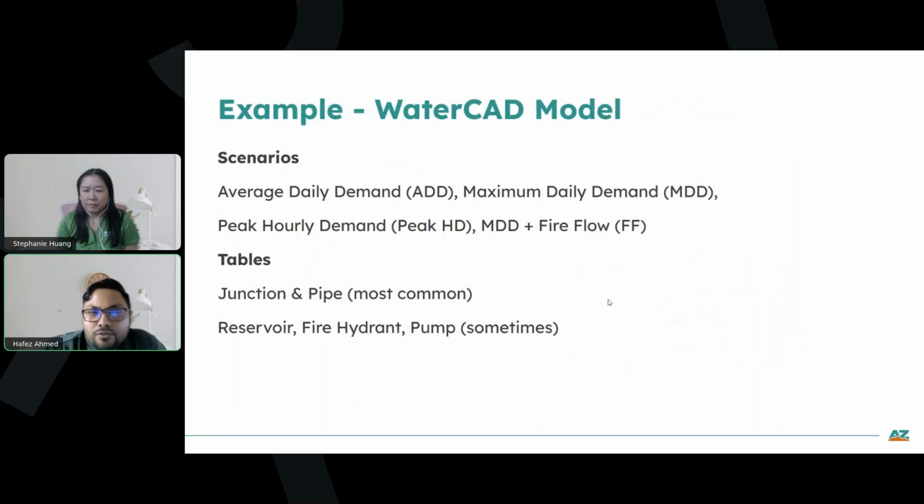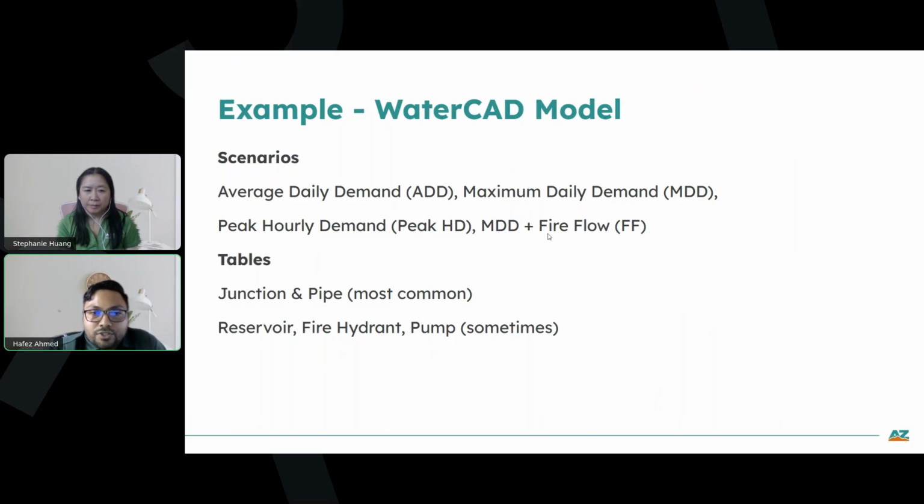So what flow scenarios or conditions would we like to simulate in a model, for example, WaterCAD? These are the 4 scenarios we typically see in the fire flow test results. First one is average daily demand conditions, then maximum daily demand, peak hourly demand, and finally the maximum daily demand plus fire flow demand.